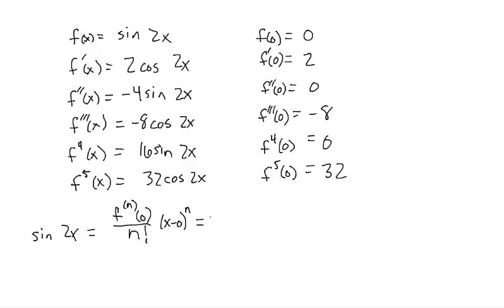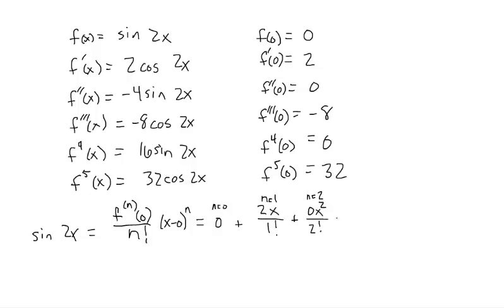And now if n is equal to 0, we have 0. So this is n is equal to 0. If n is equal to 1, we would have 2x over 1 factorial, and this is n is equal to 1. And then we would have 0 x squared over 2 factorial at n is equal to 2.